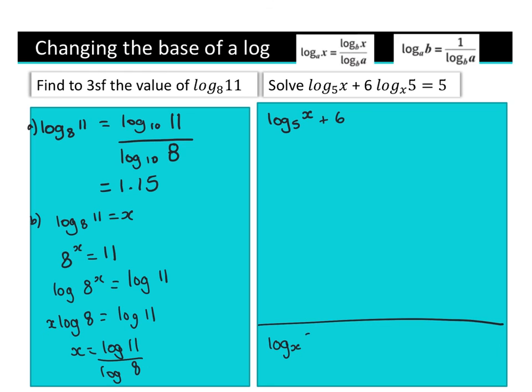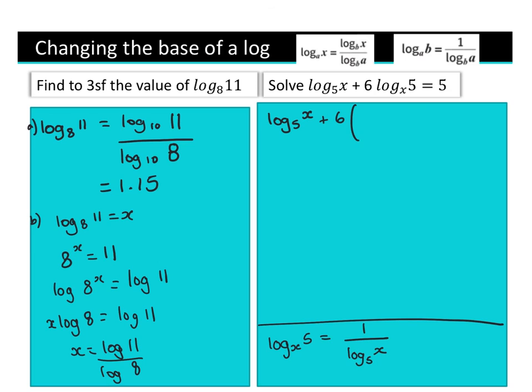Log to the base x of 5 equals. Now, using this rule here, if I want to change the base, it's 1 over, and we can switch it, yeah? So this becomes 1 over log to the base 5 of x.